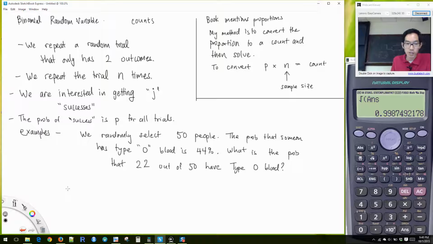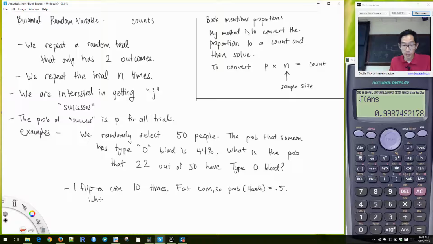Okay, another scenario is I flip a coin 10 times. What is the probability? We'll say it's a fair coin. So probability of heads is equal to 0.5.